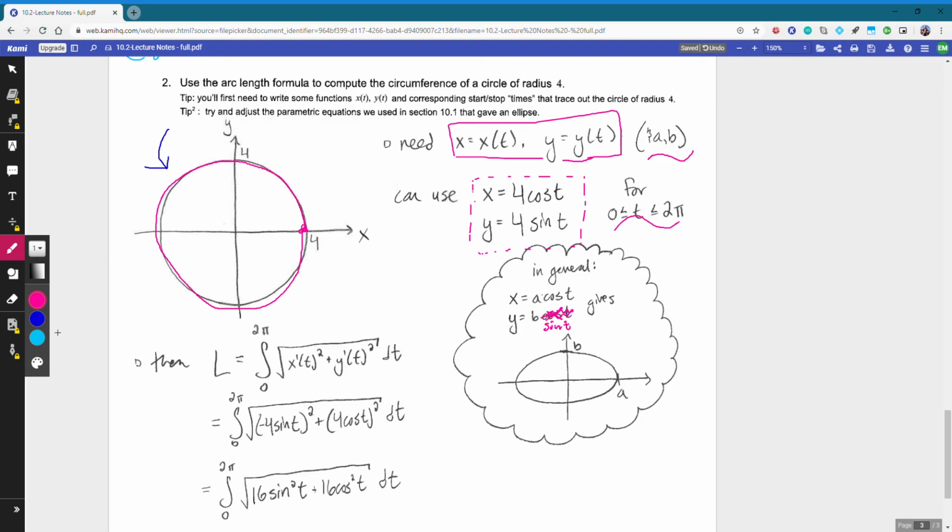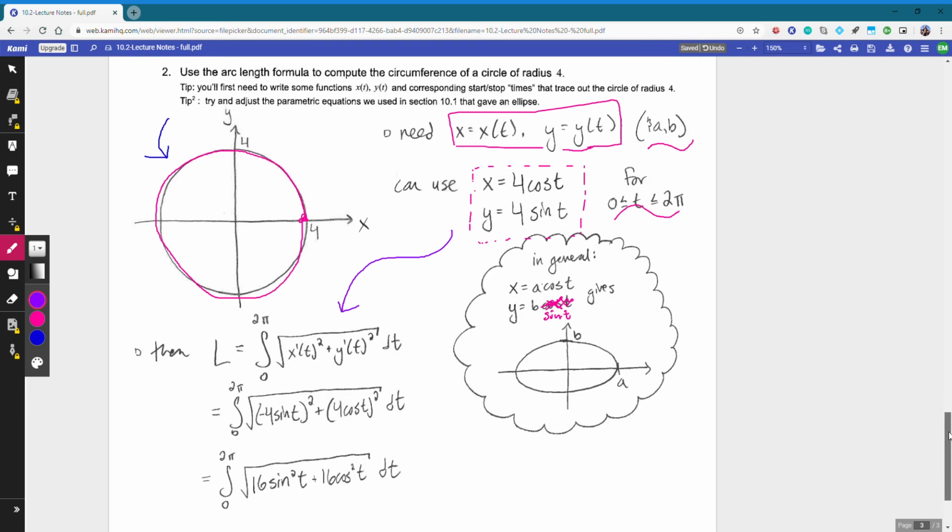And so just taking all that and feeding it into our arc length formula, we just have a couple of derivatives to compute. Negative 4 sine t for x prime, 4 cosine t for y prime. And once we've done that, we just have some algebra to do to work through this.